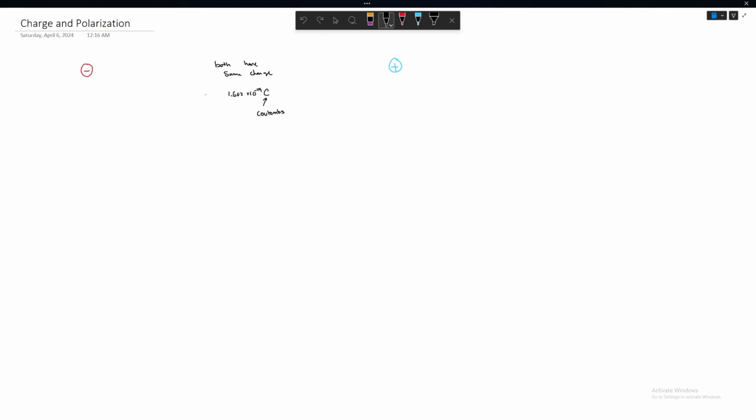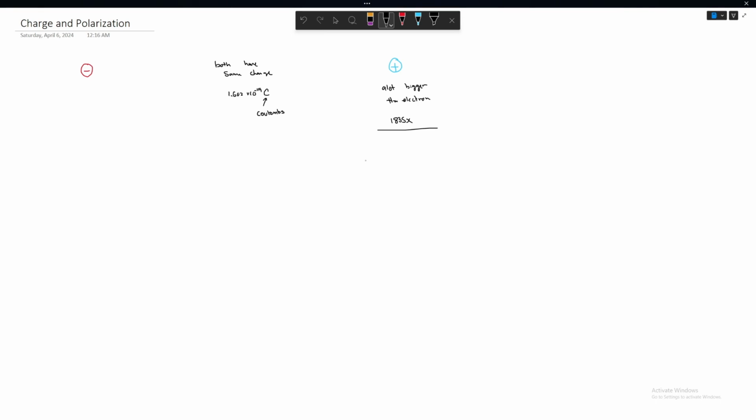Now what's the difference between them is mass. Proton, a lot bigger than electron. You don't really need to know this, just in case he asks. That's how many times it's bigger than an electron. Okay?